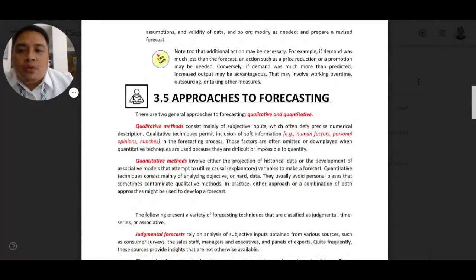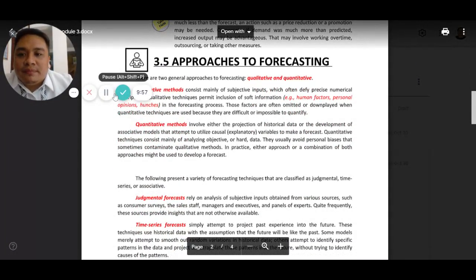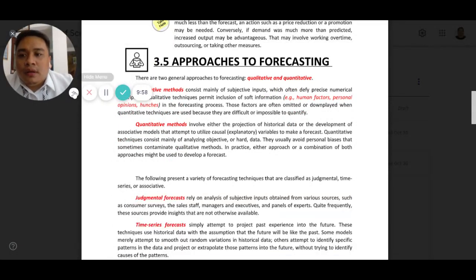Okay, now we go to the different approaches to forecasting. Okay, so in forecasting, there are two general approaches. We have what we call qualitative and quantitative. Okay, so let's define qualitative method.